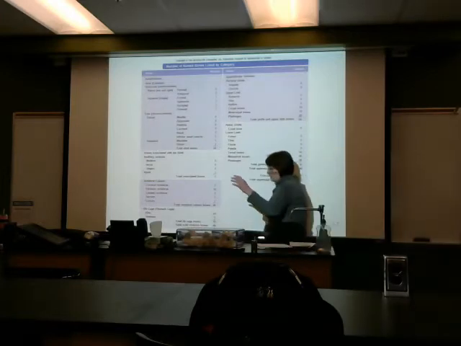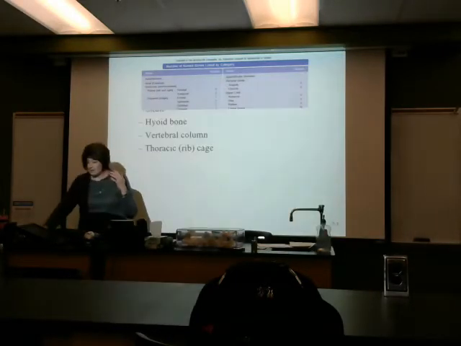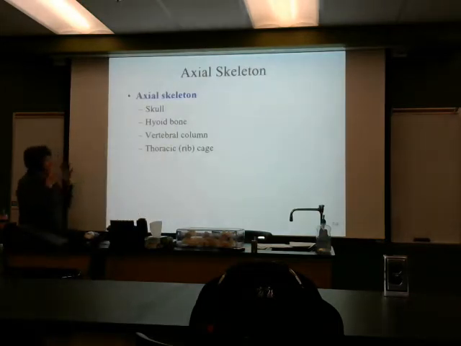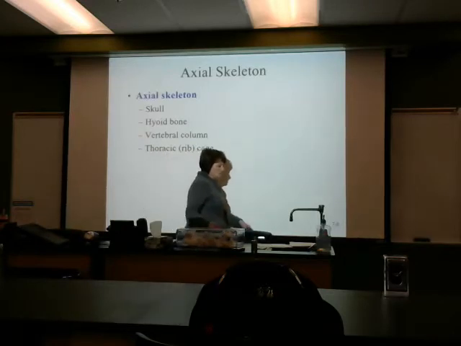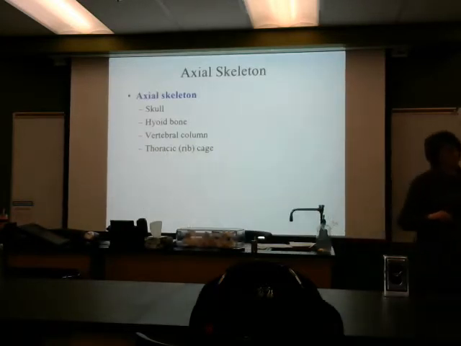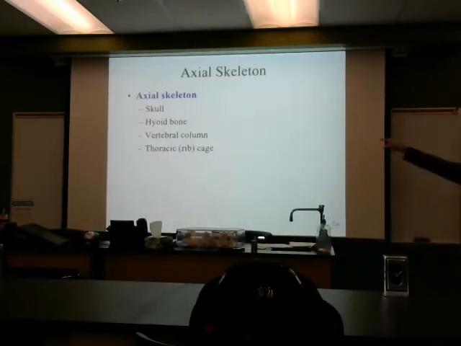Now, this skeleton, this face, the skull, is a tad bit interesting. The bones that are associated with the axial skeleton are the skull, the hyoid bone. Does anybody know the hyoid bone? Like right there. Yeah, looks like little vampire teeth.